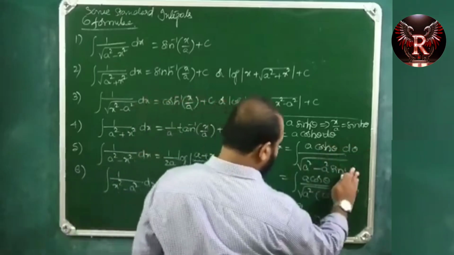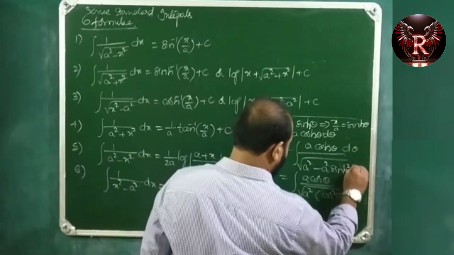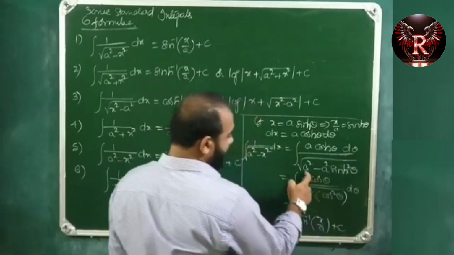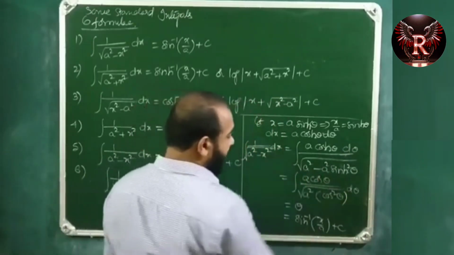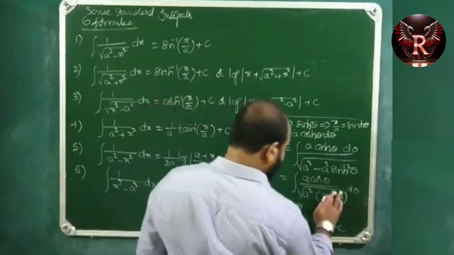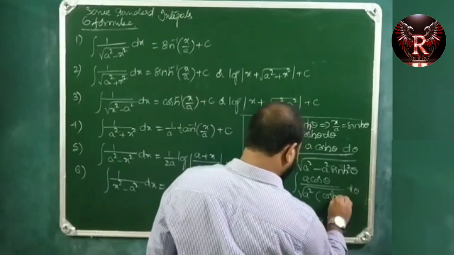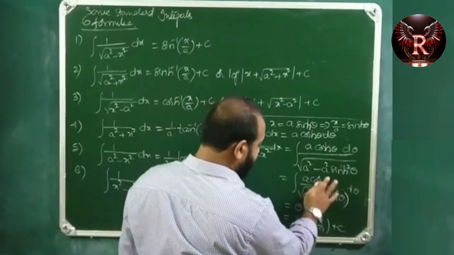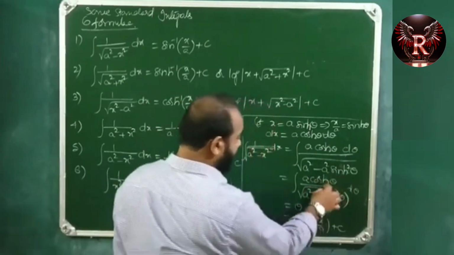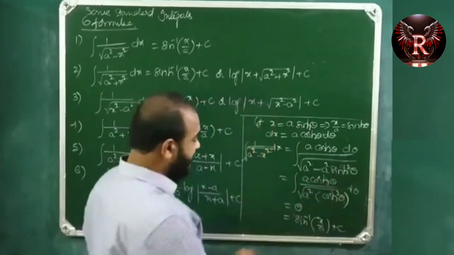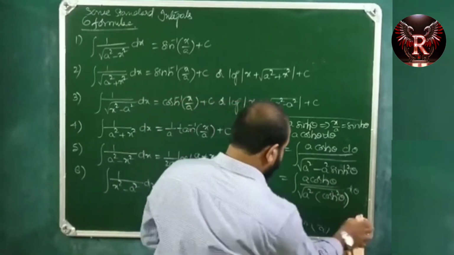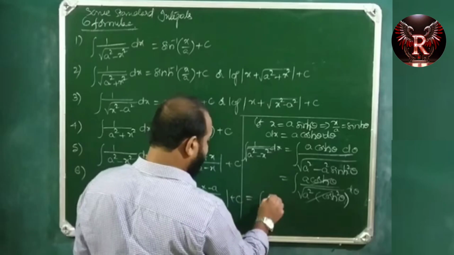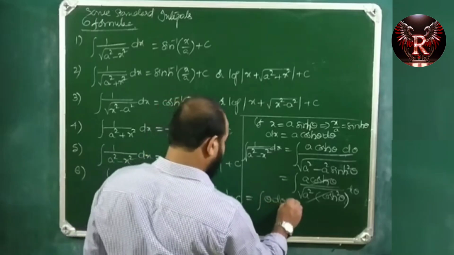The denominator has a square sinh square theta; if you take a square common, 1 plus sinh square theta is cosh square theta. So this is a cosh theta by a cosh theta. So that gets cancelled, and we are left with d theta.